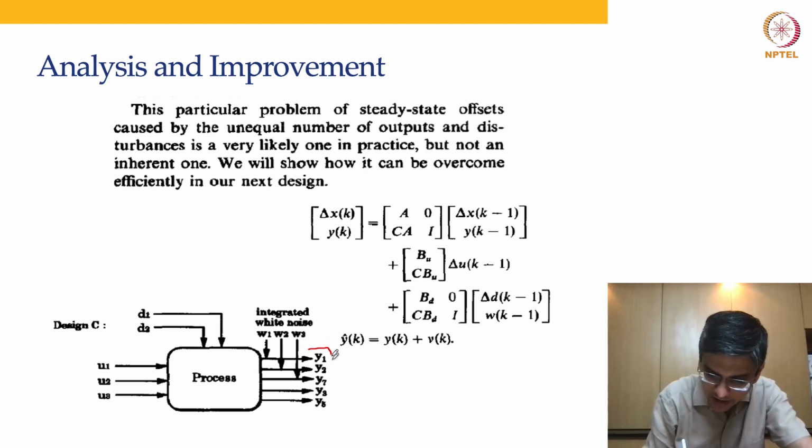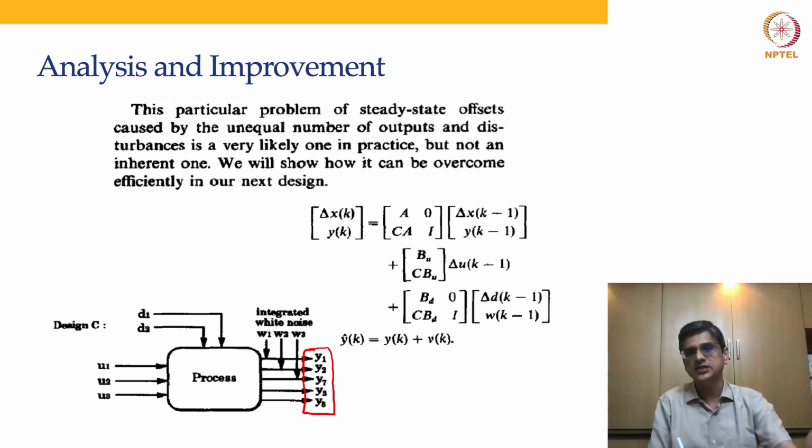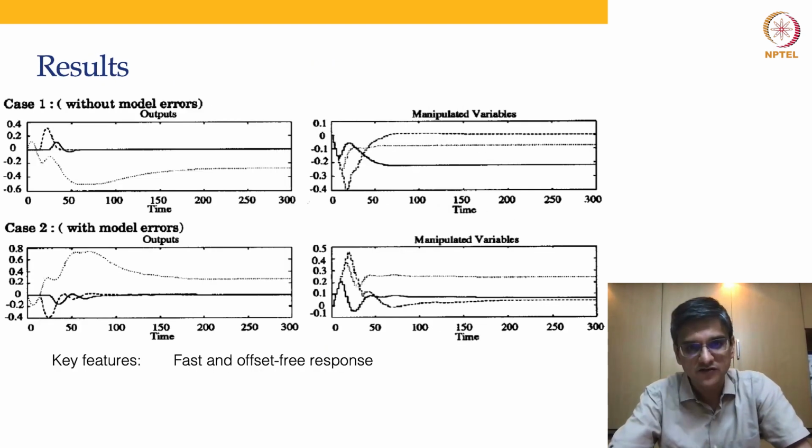Because there are 5 measurements. So there were secondary measurements also. Because there were 5 measurements, you could estimate W1, W2, W3, D1 and D2, and because all 5 of them were estimated, we expect this to get both a fast response as well as offset-free tracking of set points. So fast and offset-free response.